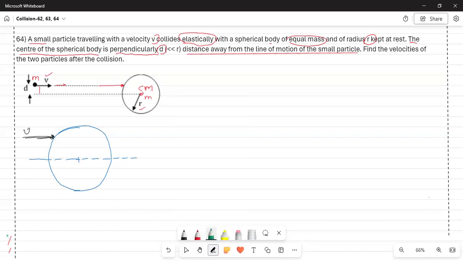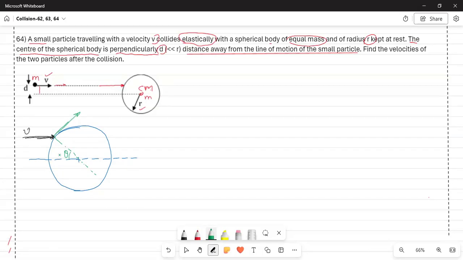One component will be through the center of mass. Another component will be tangential at the point of contact. Let us say this angle is theta.